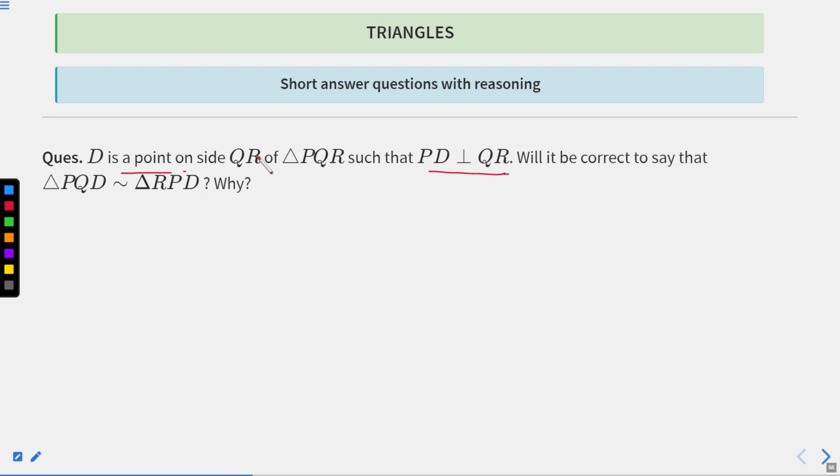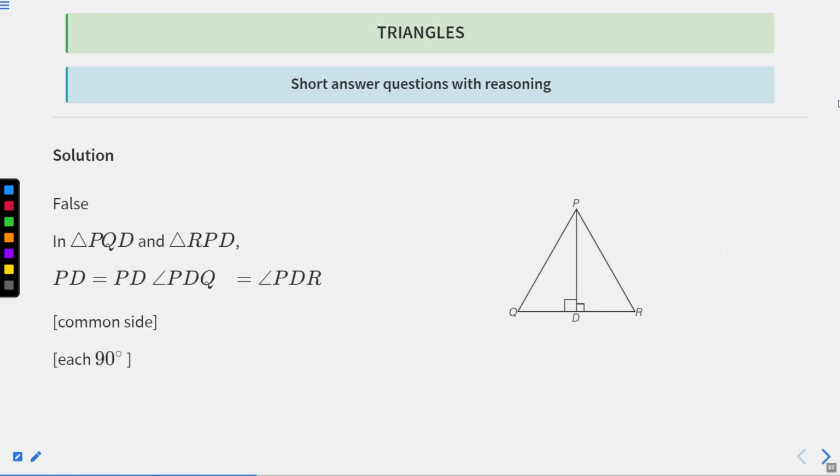So D is a point on side QR of triangle PQR such that PD is perpendicular to QR. Now it asks, will it be correct to say that triangle PQD is similar to triangle RPD? Okay, so let us see the answer.